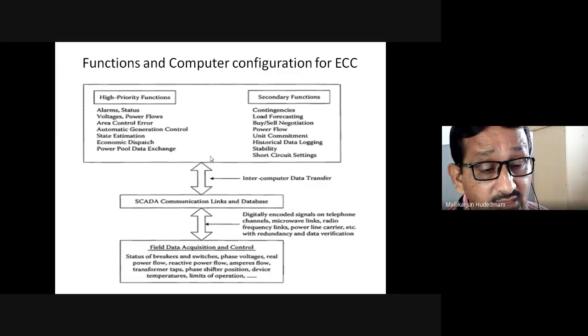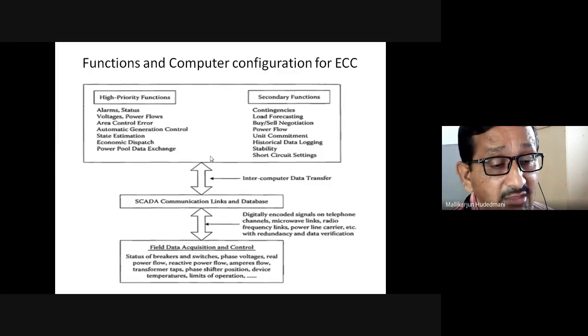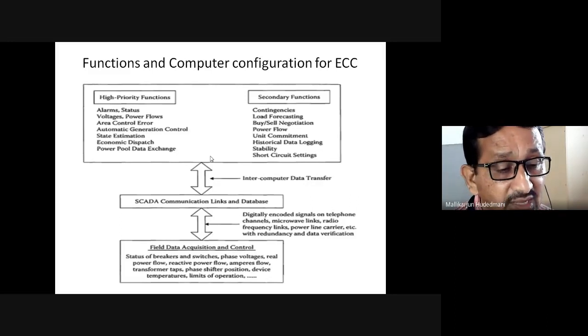Now we have to segregate them priority wise. The most priority is given to high priority functions like indicating alarm. Suppose the system which I am supervising in the energy control center has any alarm, any failure, any probable upcoming tripping failure.